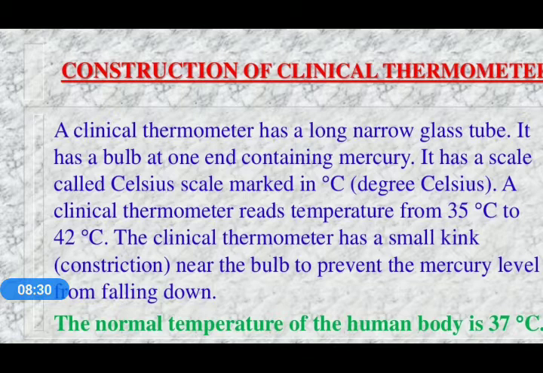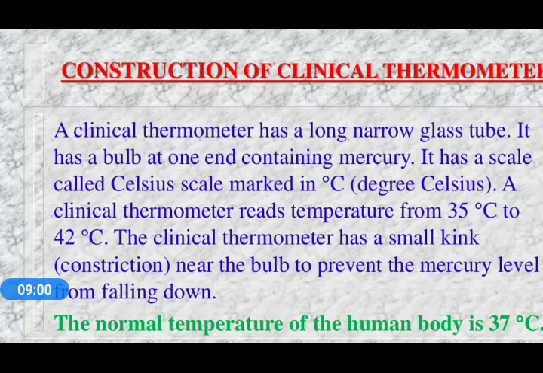Construction of a clinical thermometer. A clinical thermometer has a long, narrow glass tube. It has a bulb at one end containing mercury, as you have seen in the picture. It has a scale called the Celsius scale, marked in degrees Celsius. A clinical thermometer reads temperature from 35 degrees Celsius to 42 degrees Celsius.